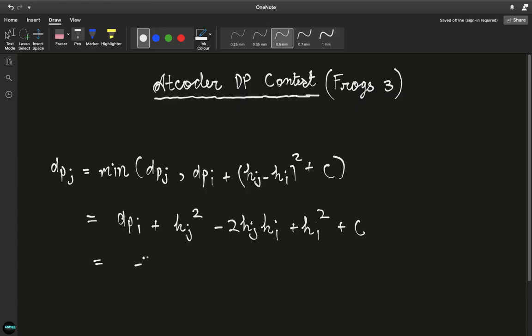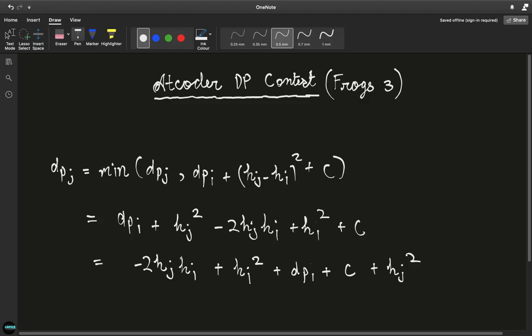So this should be h[i], plus the fixed cost c, and h[j] squared.